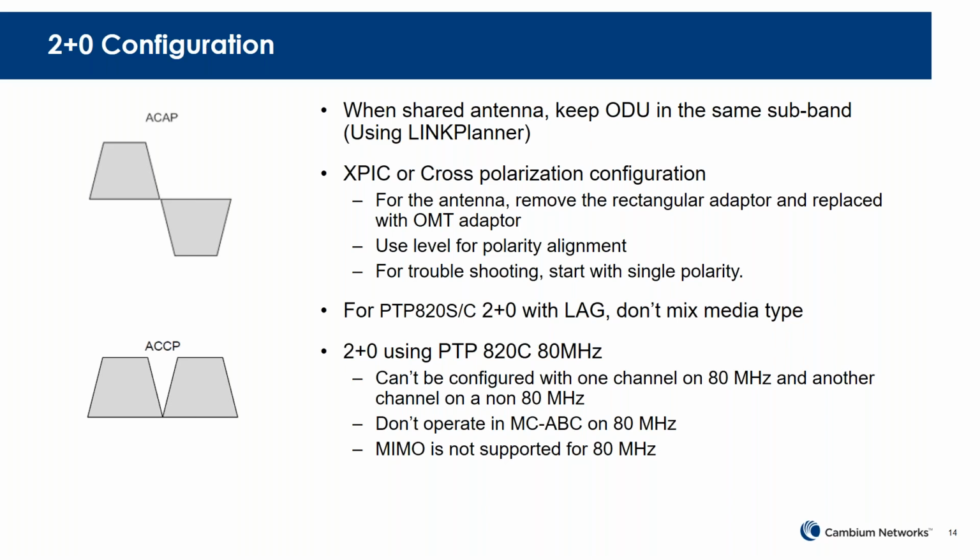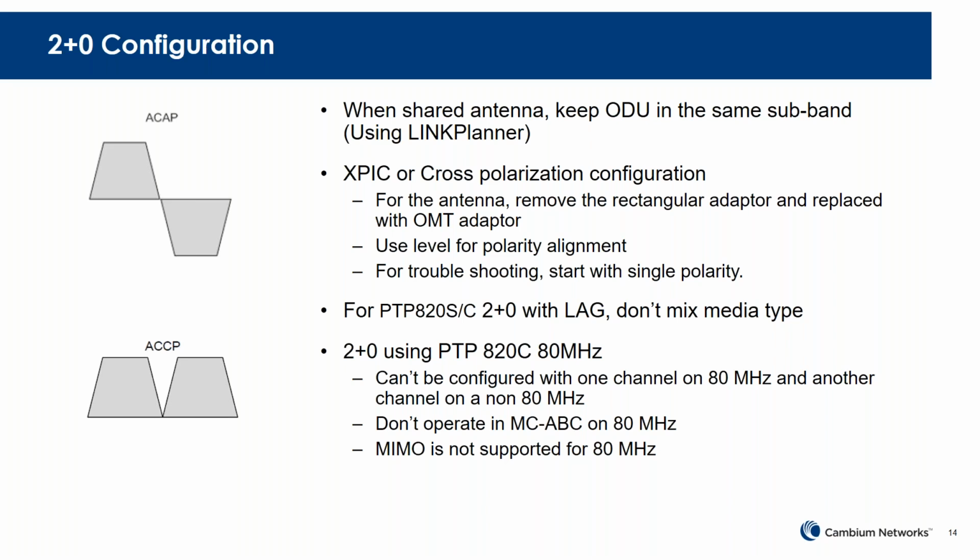Inside the antenna, there usually comes a rectangular adapter, and that rectangular adapter makes it so that the antenna only allows one polarization. So you need to remove that, because XPIC is dual pole, and replace it with a circular OMT adapter. With a circular OMT adapter, you will allow two polarizations, two beams.